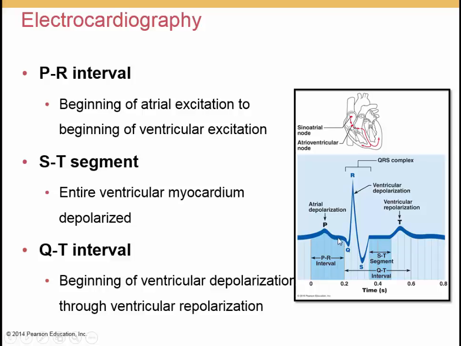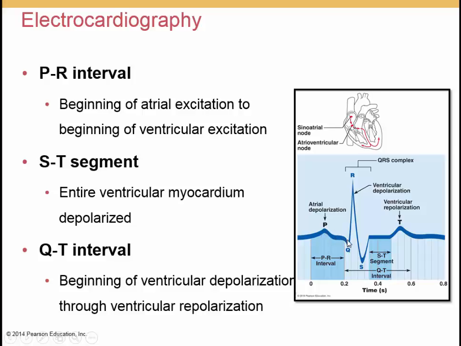But we also measure time frame between certain letters, as you can see here, PR, ST, QT, and these are very important because the timing of the heart beating as well is also relevant to heart health. The PR interval, you can see, is the beginning of the atrial excitation to the beginning of the ventricle excitation.